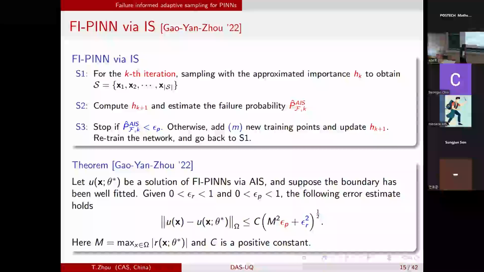Yes, this guarantees the convergence of the numerical solution to the exact solution, which is bounded by the tolerance. The smaller the tolerance, the more accurate your solution. But if this tolerance is very small, you will need a large number of iterations.